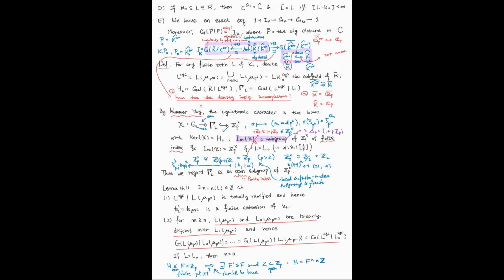Why? Well, just because this one contains K N R hat. Obviously, this contains K N R hat, but it's algebraically closed. So it contains this. This is not an isomorphism.